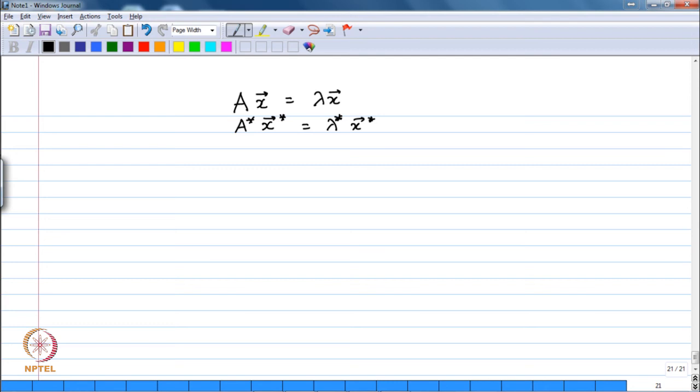Okay. Now, if you pre multiply by x dagger, so you do x dagger A star x star is equal to lambda star x dagger x star.